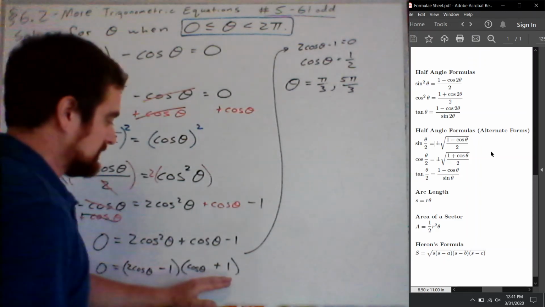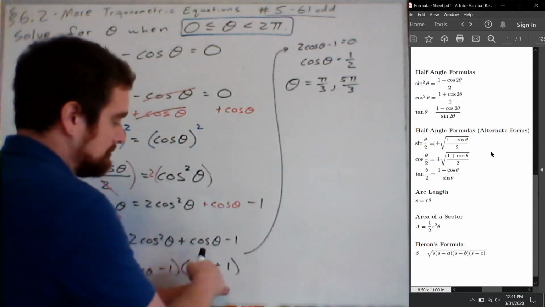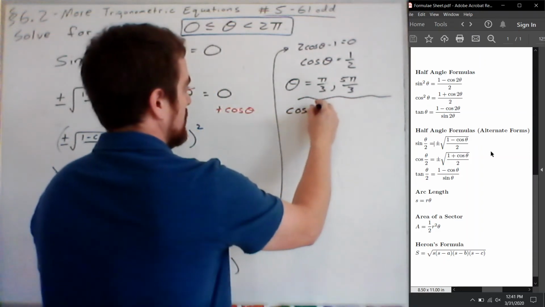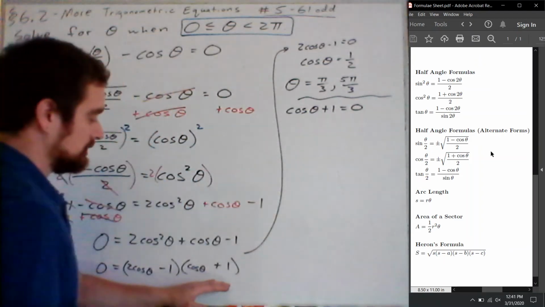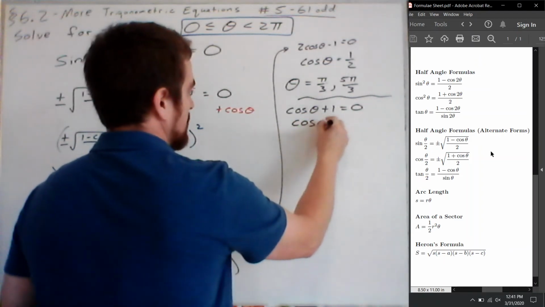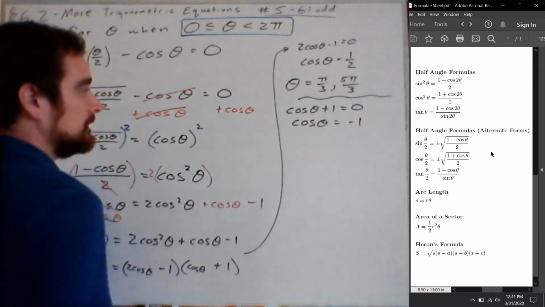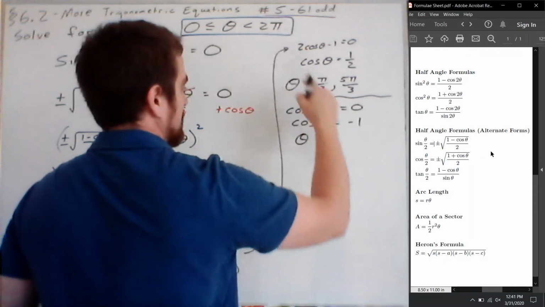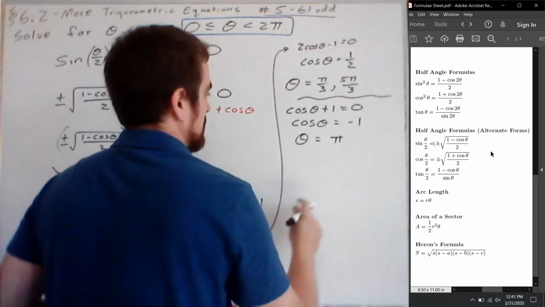The other one was cosine theta plus 1. That was my other factor. So let's take cosine theta plus 1 and set that other factor equal to 0. That means I'm trying to find where cosine of theta equals -1. Again, I jump to my unit circle. That's only going to happen at, and again, we're in radians, theta equals pi.